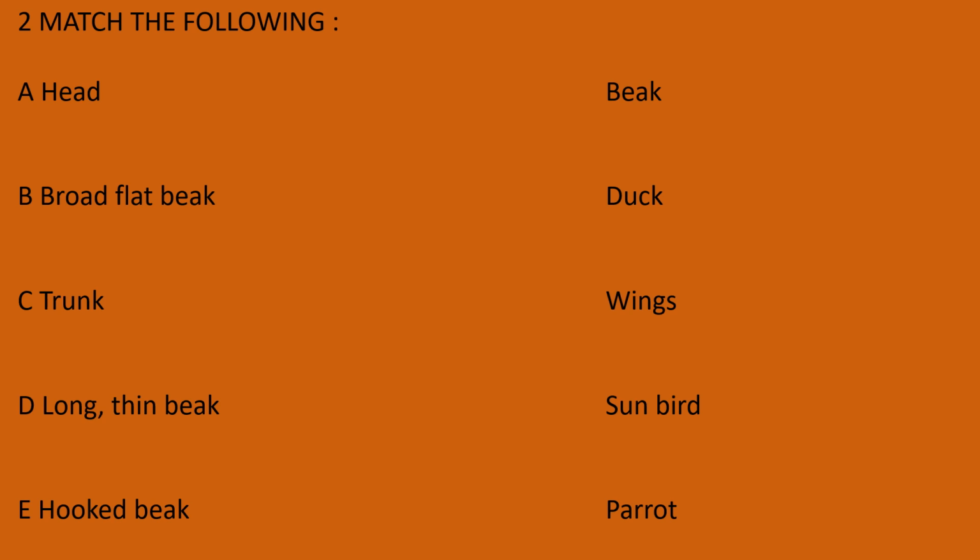Children, the egg-laying animals, birds, their body is comprised of a head with a beak. Therefore, whenever you see a bird, you will see its head and there is a cute beak with it.